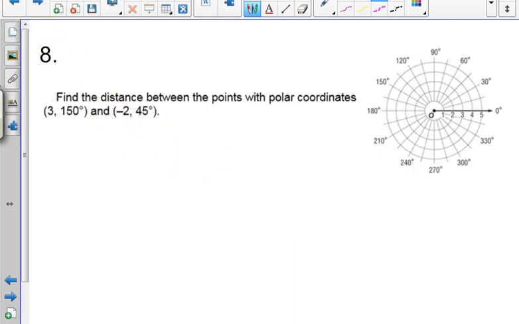Okay, practice what we learned at the beginning of the day. 150 and 3, 1, 2, 3 is out here. Negative 2, 45, back up 2. What line is that really on?